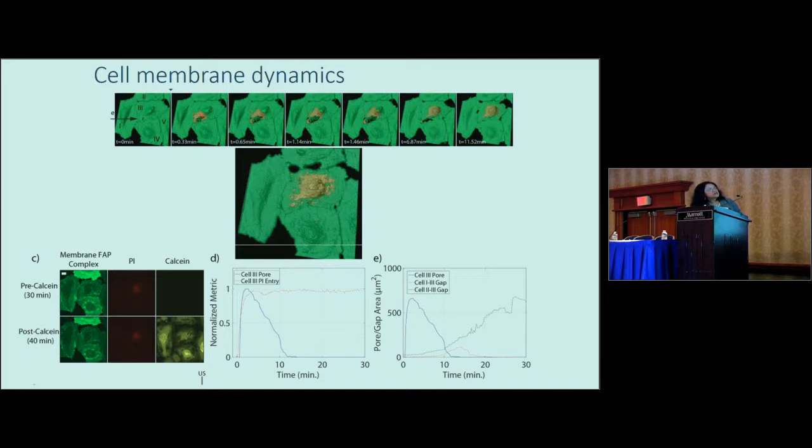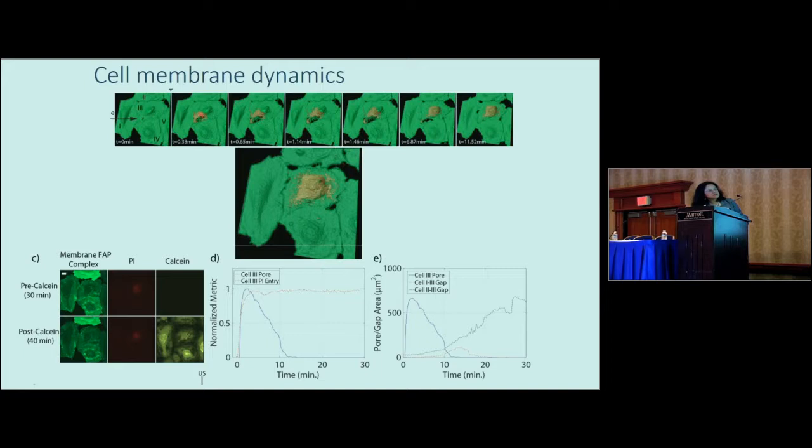And then there's a more delayed healing of the hole itself. And you can see here again, if you quantify, this is the pore size, and this is the propidium iodide. So propidium iodide has plateaued despite the fact that the pore is still there, although it is diminishing in size. So it's two different time frames.